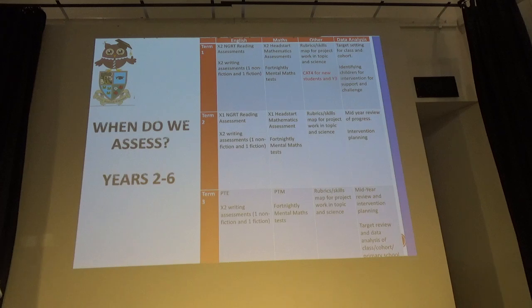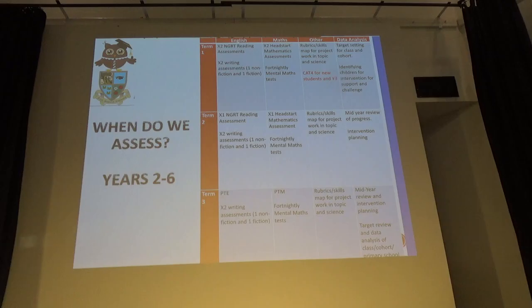We have another checkpoint for mid-year review in January, which is the first week back after January. So we look at the term 1 assessments, and we decide, is everyone progressing as we would like, and if not, why not, and what do we need to do to make sure that they do make progress by the end of the year. And this is super useful because I was having a discussion on data with Mr. Phillips, and he identified a group of children who weren't making as much progress as he wanted in reading last year, and so he put various changes and interventions into place during term 2, and by the end of the year he was delighted because they had made accelerated progress.